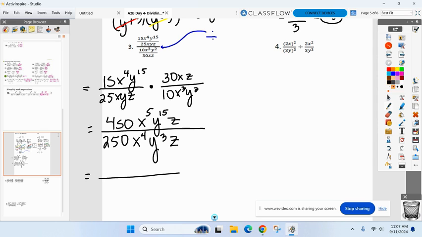Yeah. How many x's? 1. Where? Next to the 9, in the numerator. Let's use our vocab. How many y's? 12. Where? Numerator. Z's? 0. They cancel.